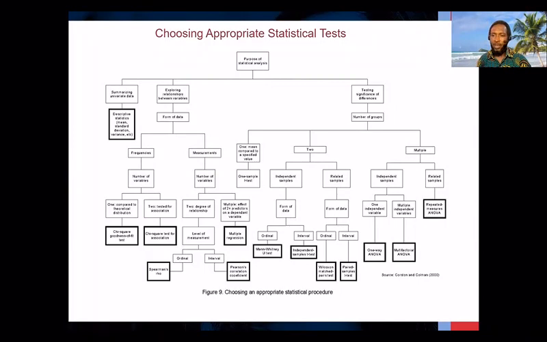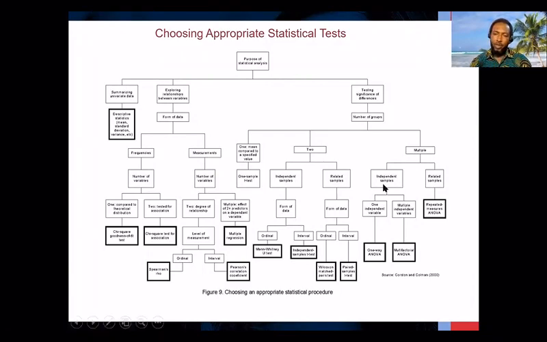So you want to see if gender, different educational background, or ethnicity of that class had any significant effect on their scores. So these are the kinds of studies we would want to consider within this context.